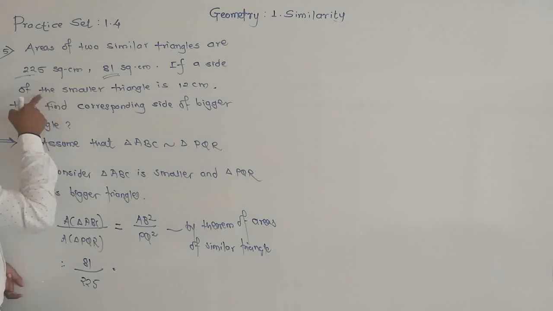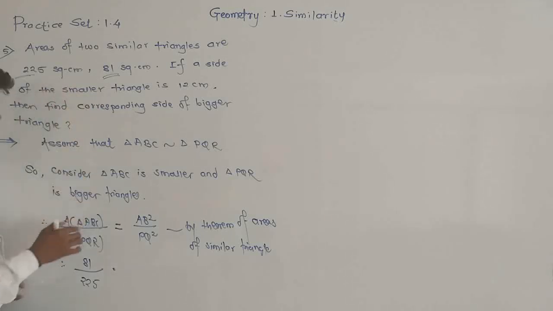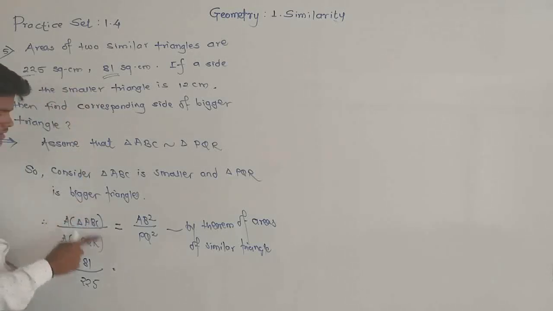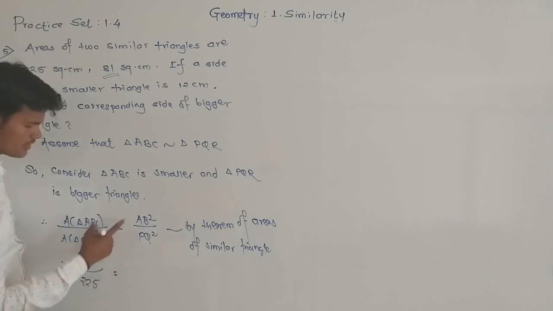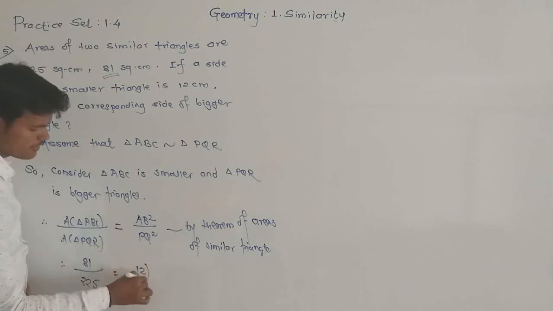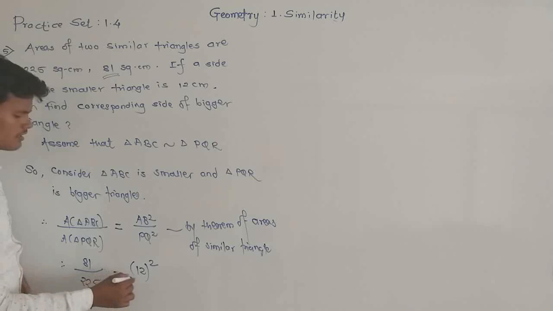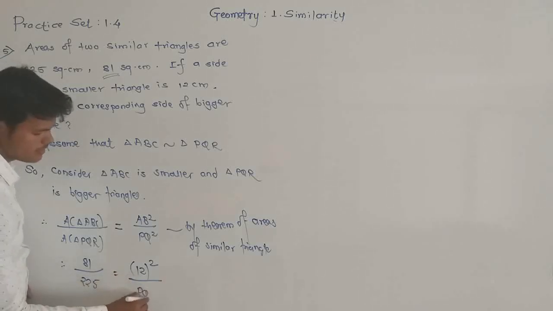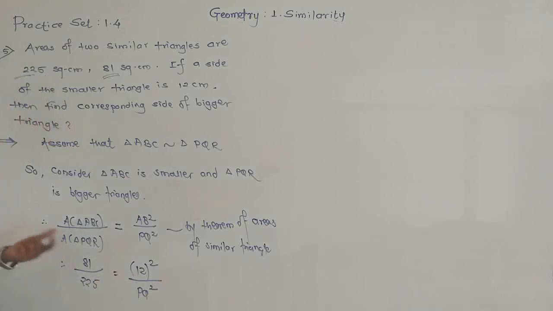Also given that the side of the smaller triangle, AB, is 12. We have to find the corresponding side of the bigger triangle, so we have to find the length of PQ.